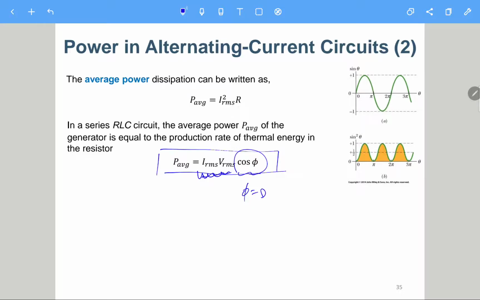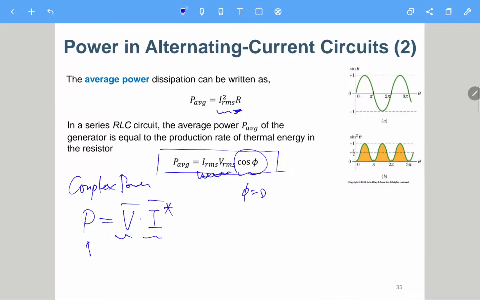So in that case, the average power may not be just I RMS times V RMS. Of course, here we only consider the I square RMS R. But of course, the complex power will be the phasor of V times the phasor of I, and we should have a conjugate here. And if they are not in phase, then this is a complex number.